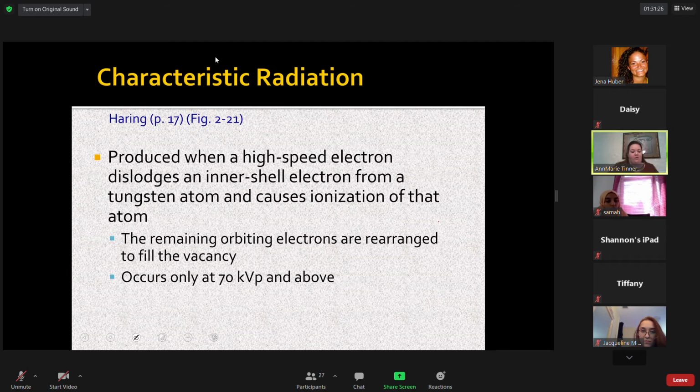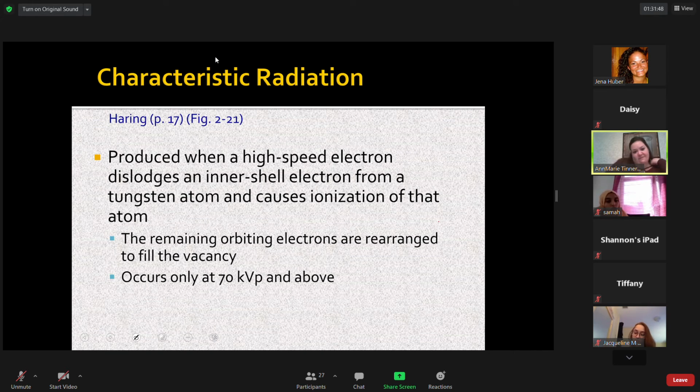Next, you have characteristic radiation. And this is produced when a high-speed electron dislodges an electron from the inner shell of the tungsten atom and causes ionization. This usually happens at a kVp of 70 and above.